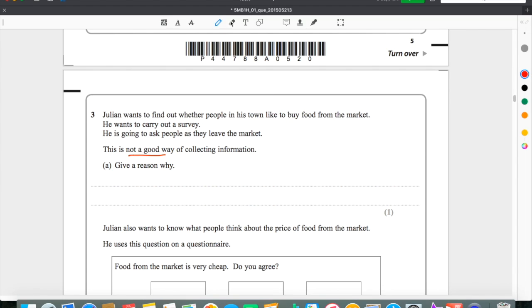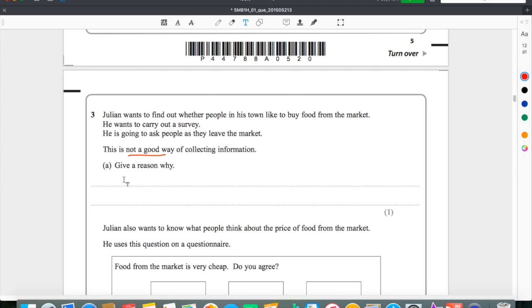Well, what this is looking for is the idea that if we're surveying people who are just leaving the market, then they're more likely to have bought food from the market, as opposed to just asking people randomly. So the sample isn't really fair.